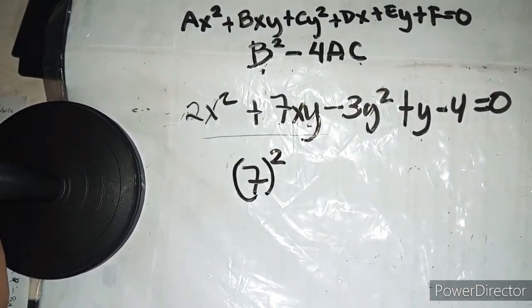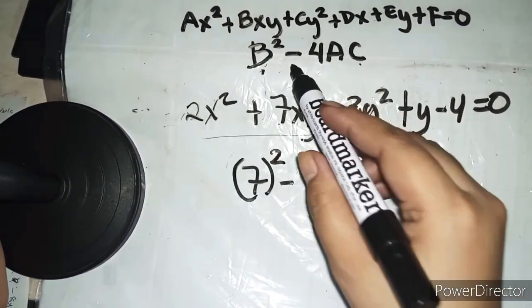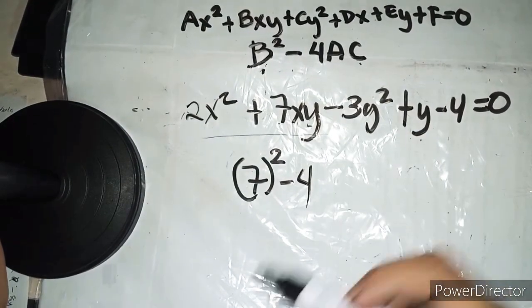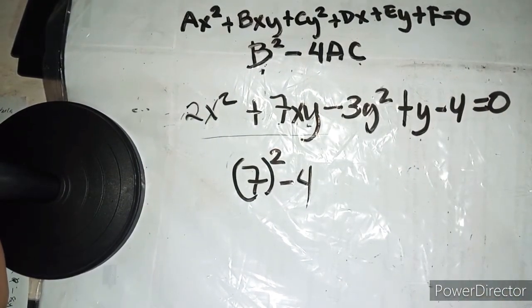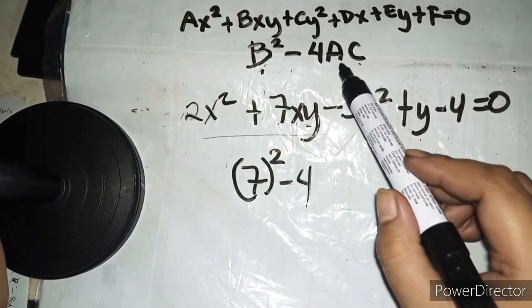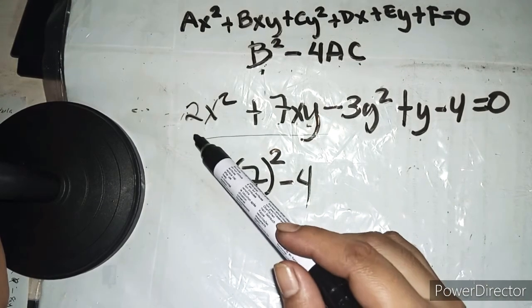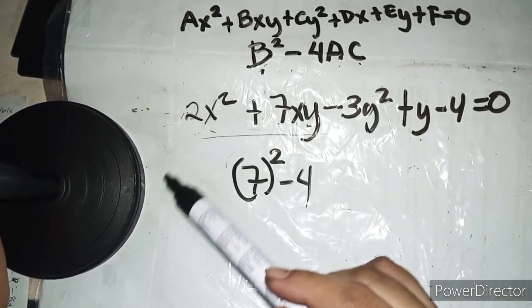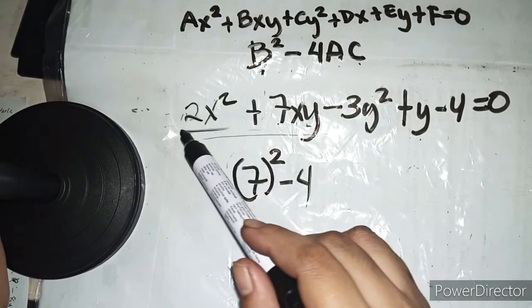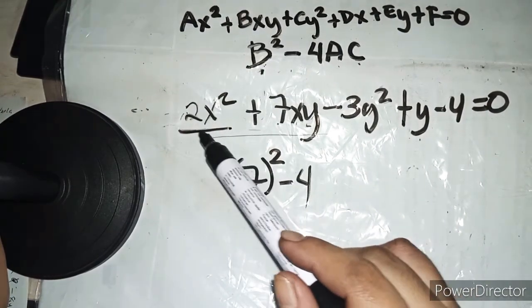7 squared. Let's copy negative 4. Then find the values of a and c. So let's have a. Here in our general form, it's ax squared. So let's check now here in our given equation. So this is our term.